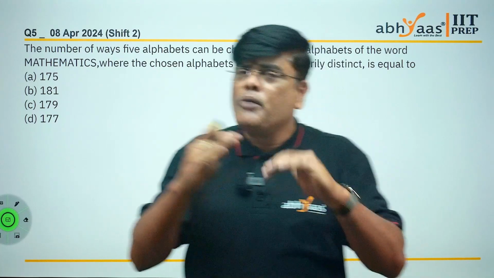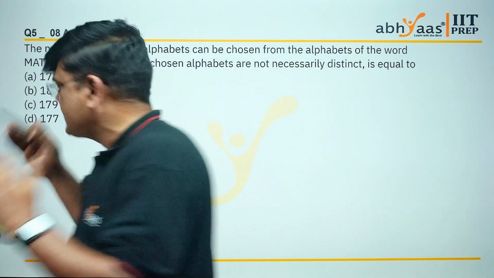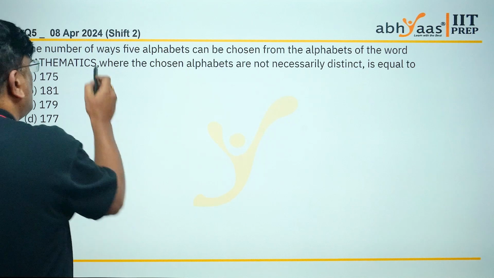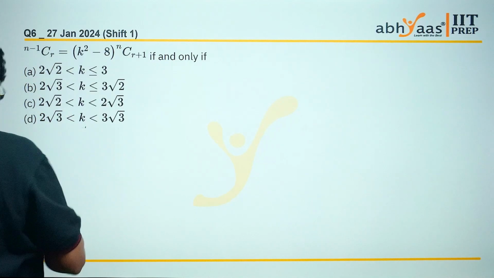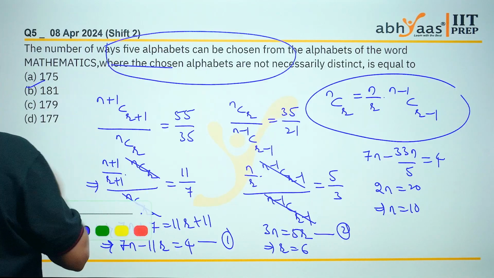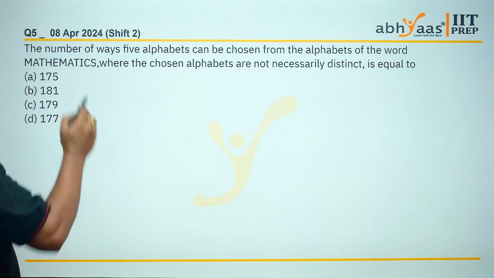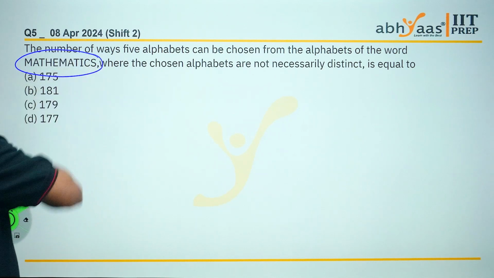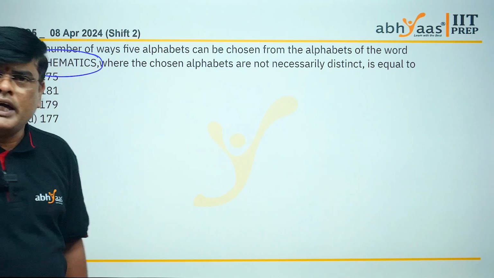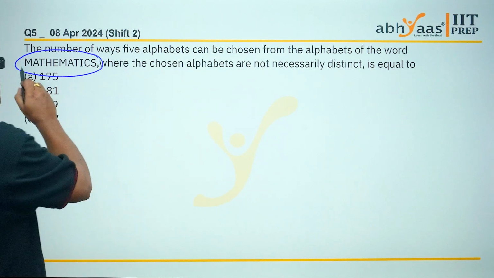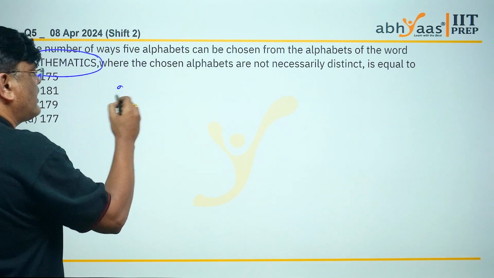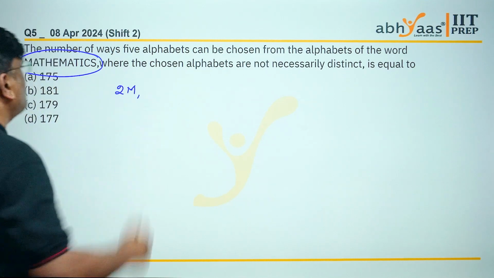Okay, so now how many ways are there in these selections? Now we'll see. Okay students, here the word is mathematics. Now if you observe in this word mathematics, m is repeated twice. So first I will write 2 m's are there in the given word.